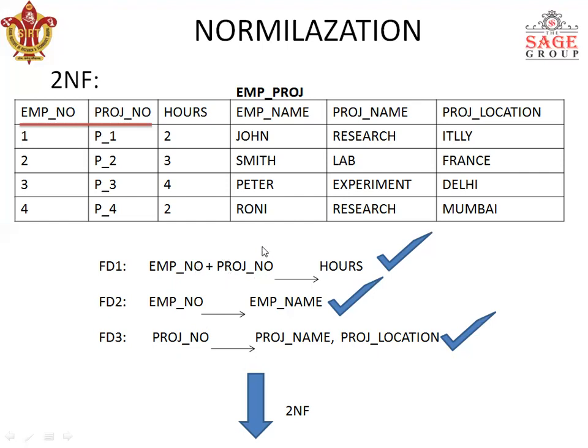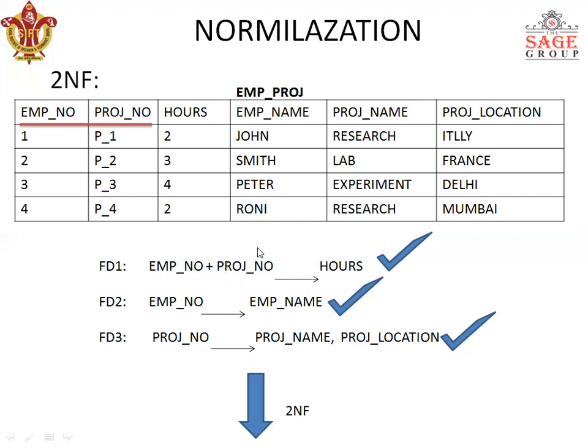So if we remove project number, can we identify hours with the help of employee number? No, we cannot. Or if we remove employee number, can we identify hours with project number? No, because hours is a dependent column which depends on both.